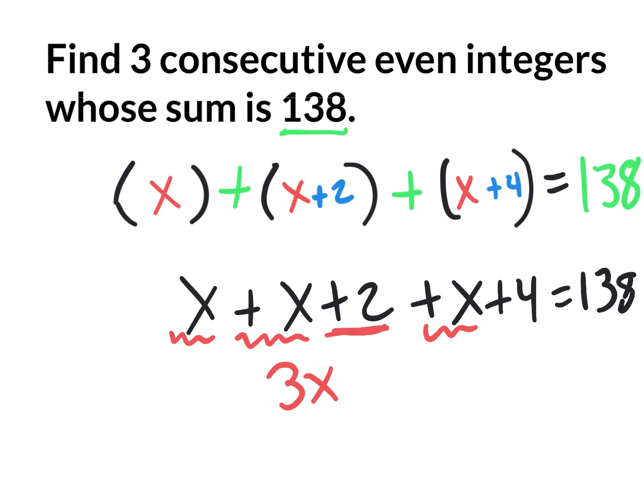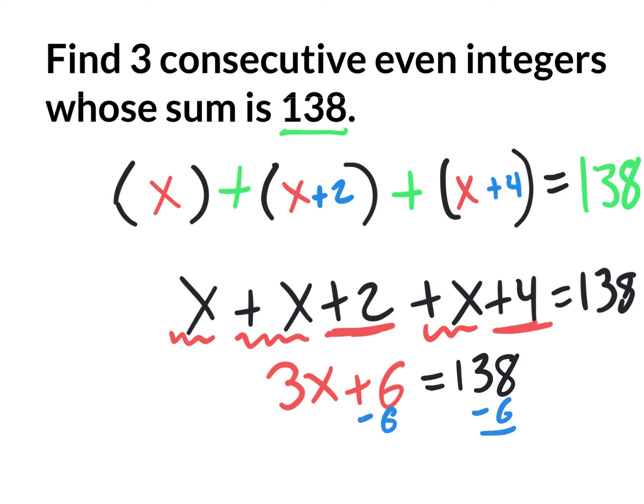I also have a plus 2 and a plus 4, which is a total of plus 6. So the left side of my equal sign is totally simplified to 3x plus 6. I'm going to bring down the equals 138, and continue to solve by subtracting 6. What I do to one side, I do to the other side. I have a new equation that reads 3x equals 132.